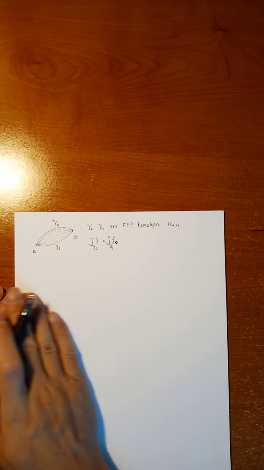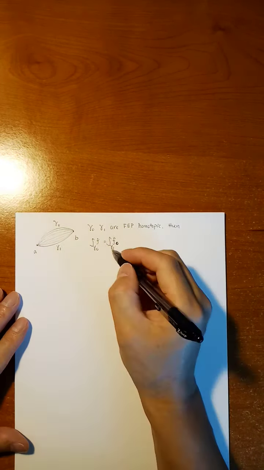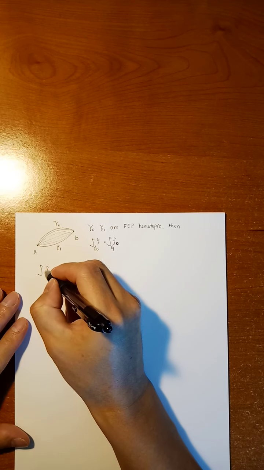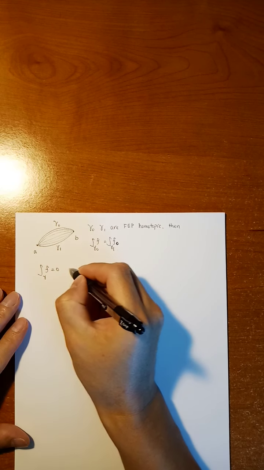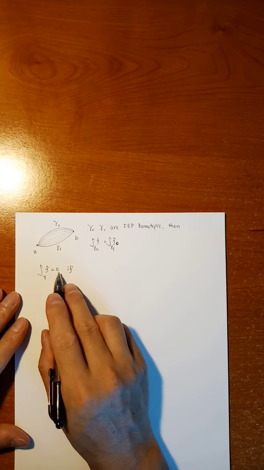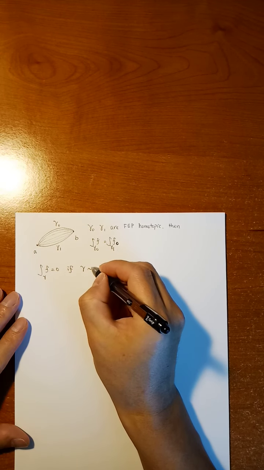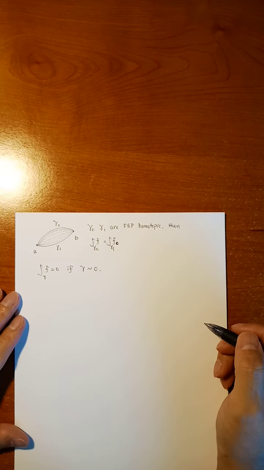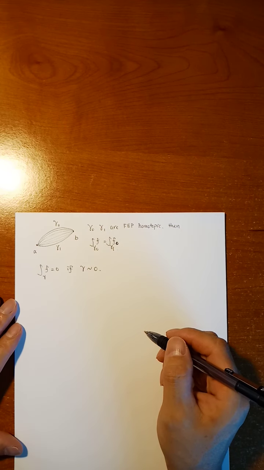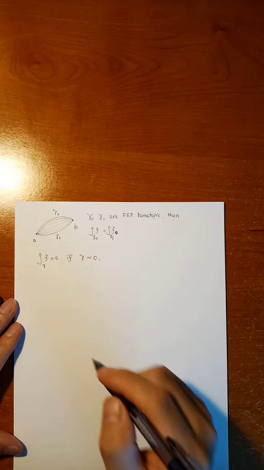All right, and this is a corollary: the integral of f along gamma equals 0 if gamma is homotopic to 0. This is the Cauchy integral theorem.